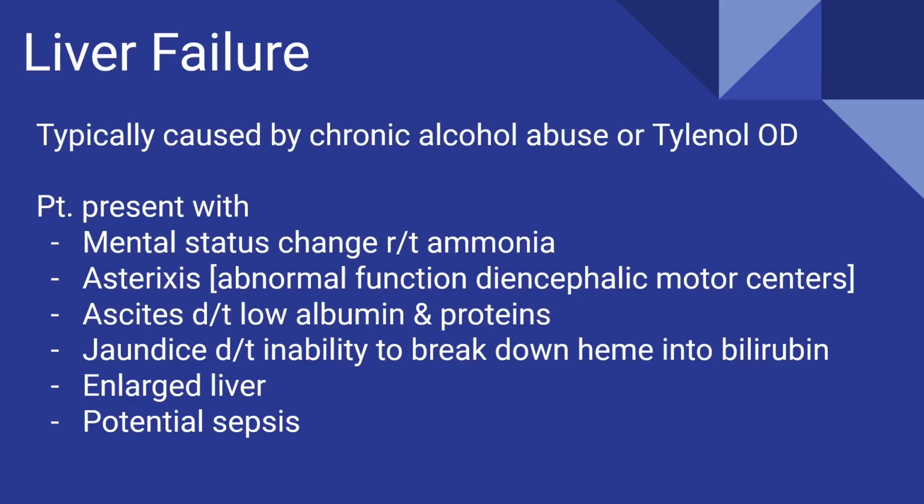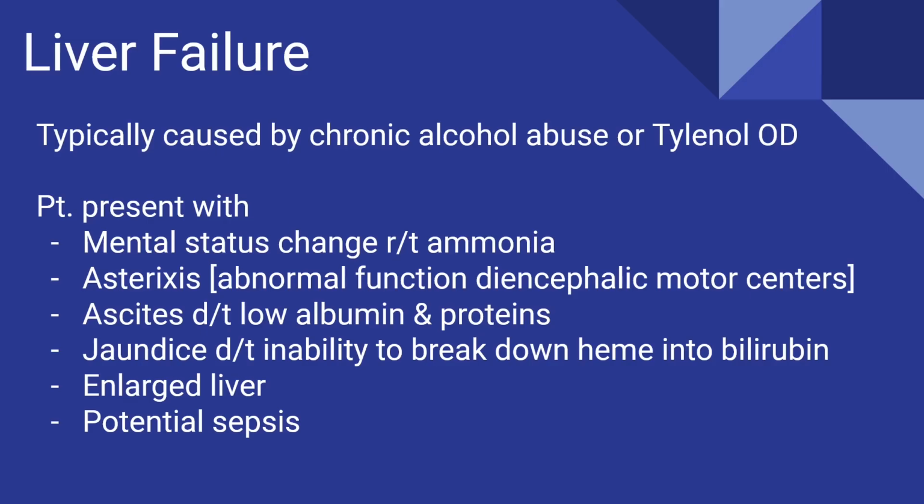Ascites: a lot of that albumin and those proteins are low because we aren't able to form them as well with the liver. So we have a lower oncotic pressure, and a lot of that fluid leaves the vascular space, and we start to see ascites in the abdomen.